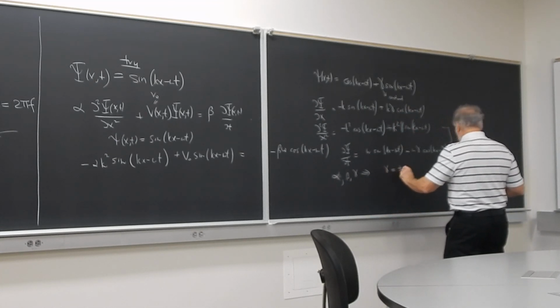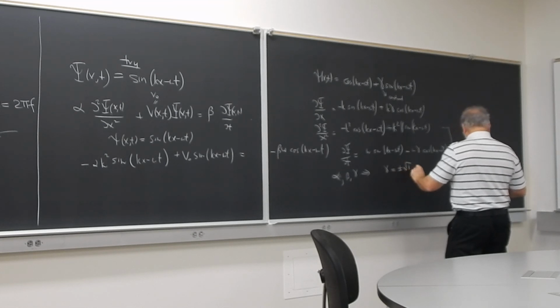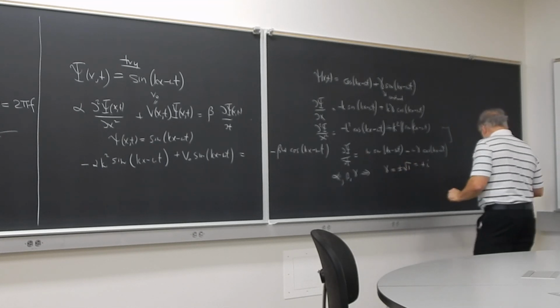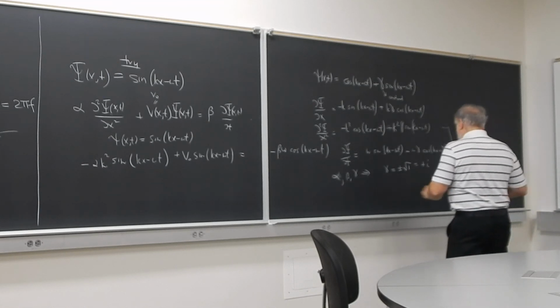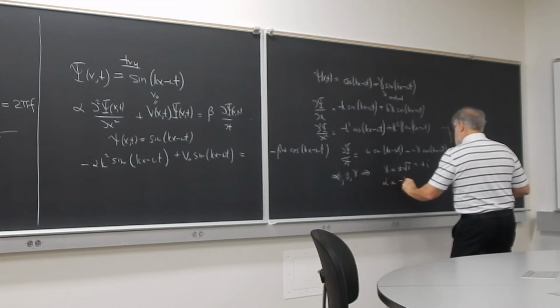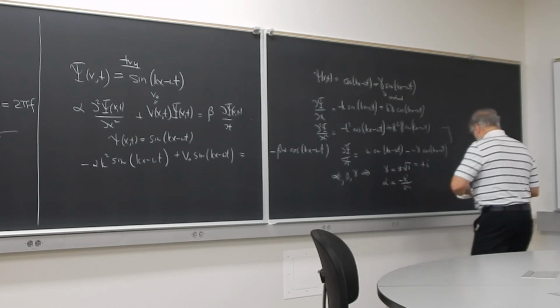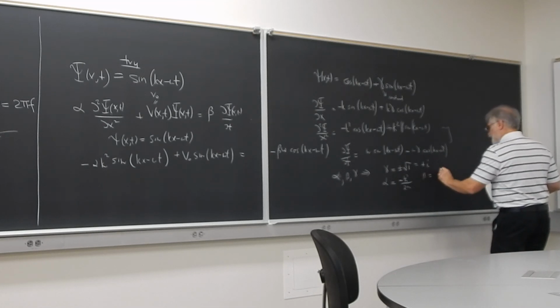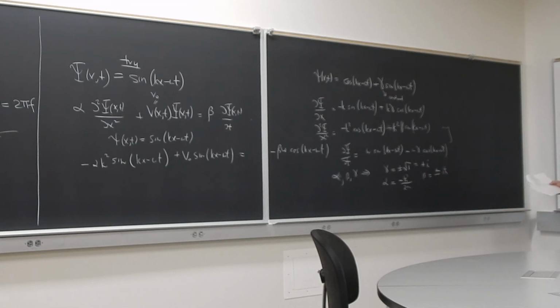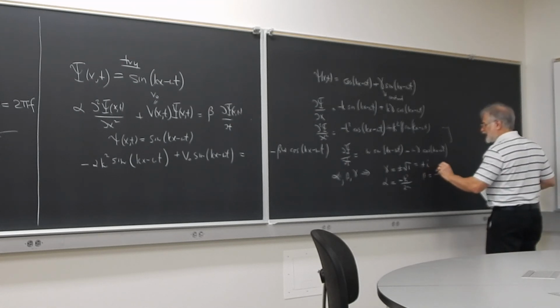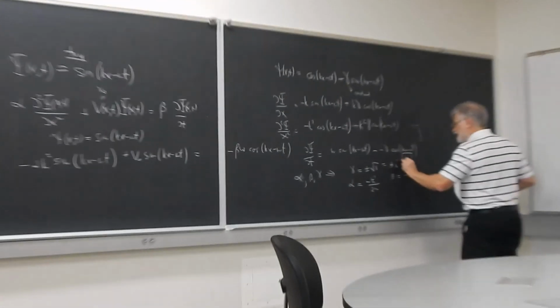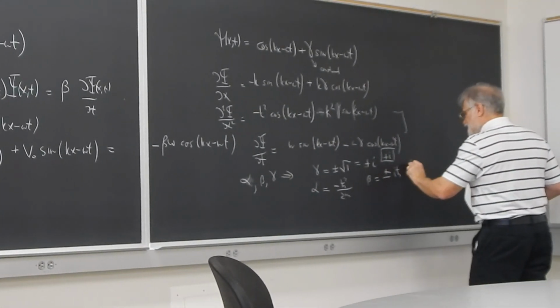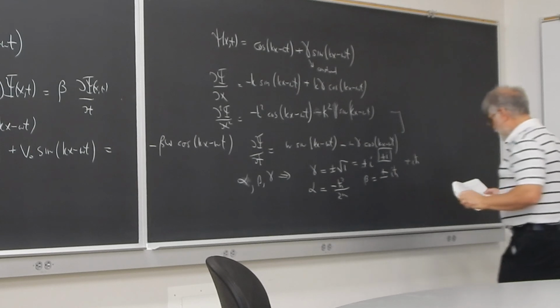gamma is plus or minus the square root of minus 1, or we use plus i. Alpha turns out to be minus h bar squared over 2m. And beta turns out to be plus or minus i h bar. By convention, this could be plus or minus i, but we tend to choose plus i for gamma, and we tend to use plus i h bar for beta.